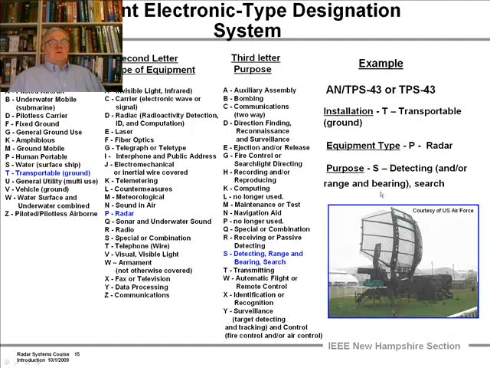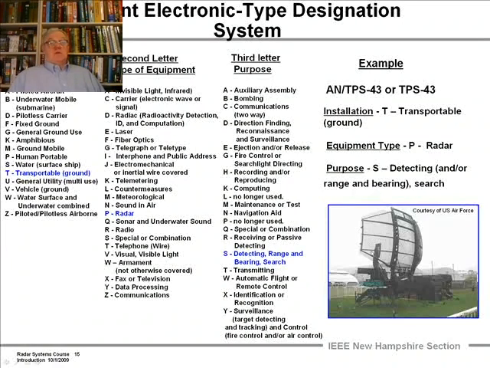Here we have a picture of the TPS-43, and they're typically followed by an A, N, slash and then this code. So it's a transportable radar, so it gets a T. I've highlighted for each of the cases I'm going to show you in the next 2 or 3 view graphs quickly. It's a radar, and it's used for detection and or search and or range and bearing.